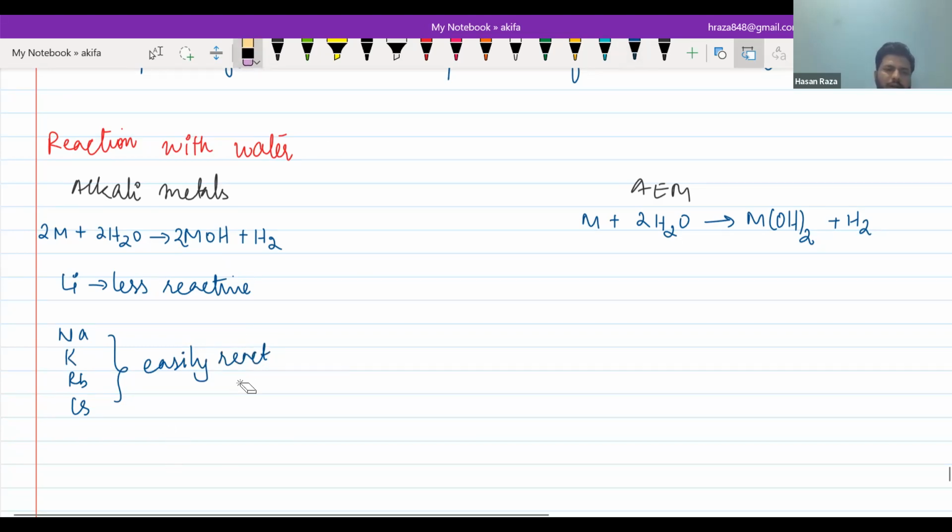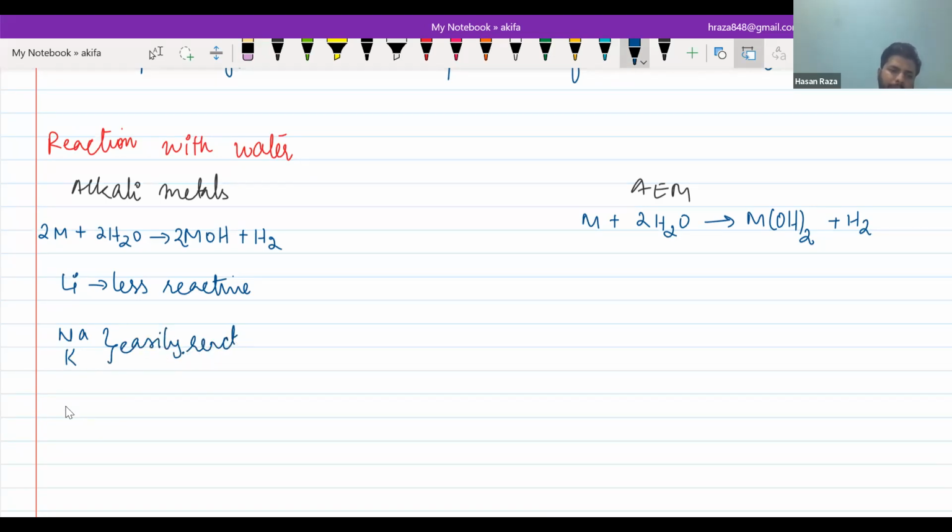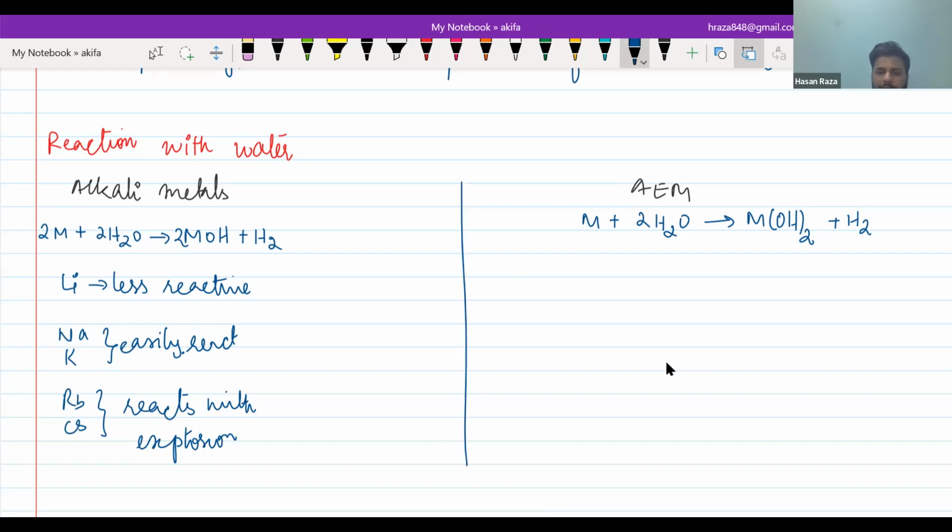But sodium, potassium, rubidium, and cesium are readily reactive. Okay, just wait a minute, we are going to do it part wise. They react easily. And rubidium and cesium are highly reactive, reacting with explosion. What about alkaline earth metals? Beryllium does not react with water, since it has more covalent character.